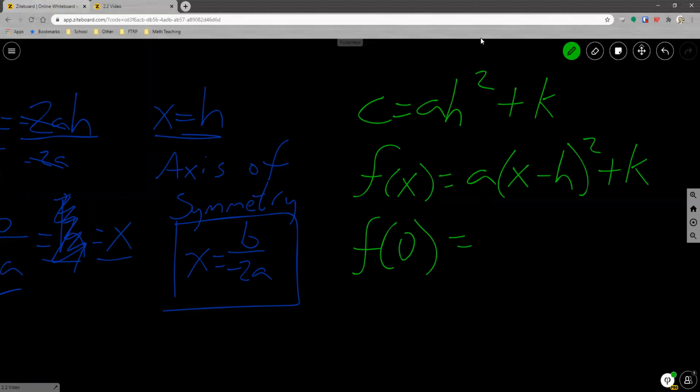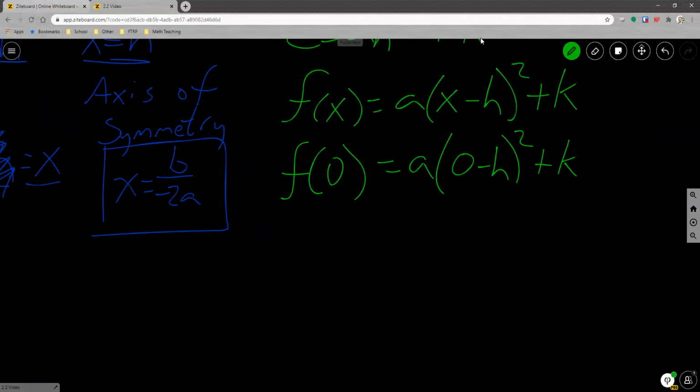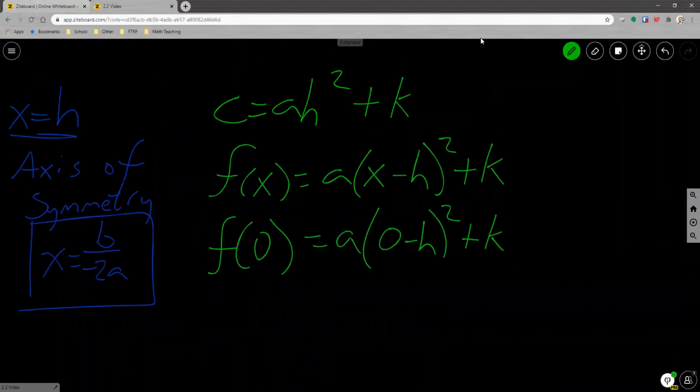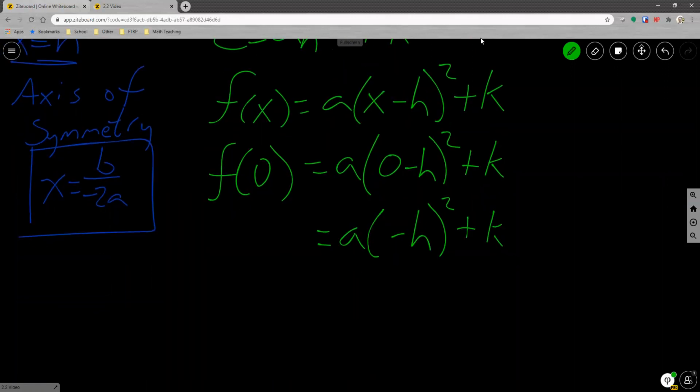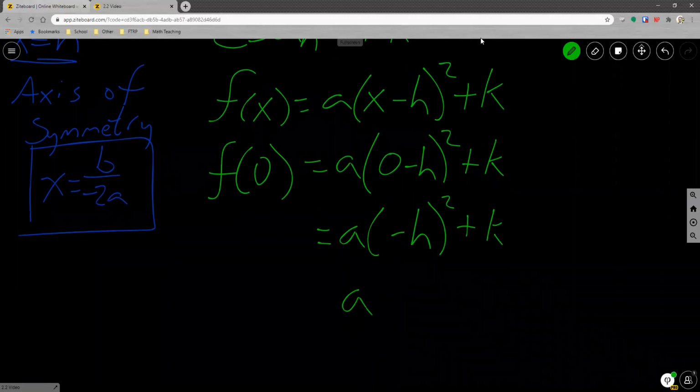If I plug a 0 in for x, I get the following. A times 0 minus h squared plus k. If I continue along that train of thought, I get a times negative h squared plus k. Well, negative h times negative h is going to be positive h squared plus k.